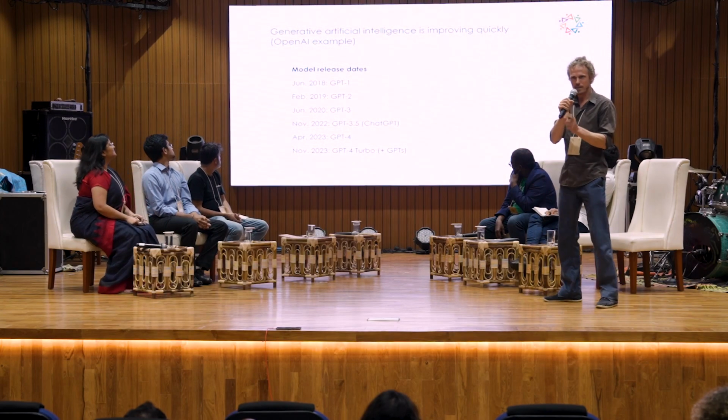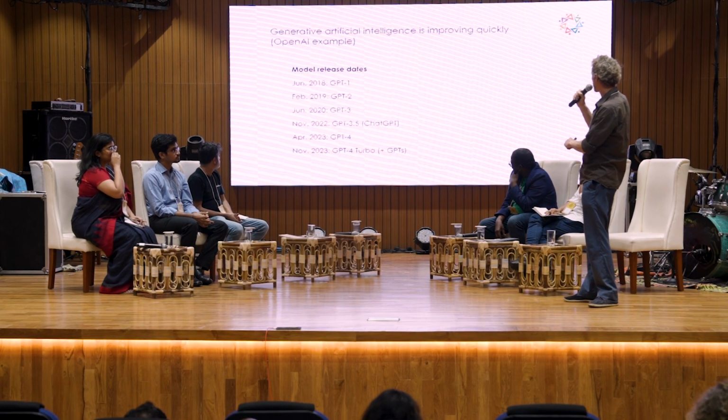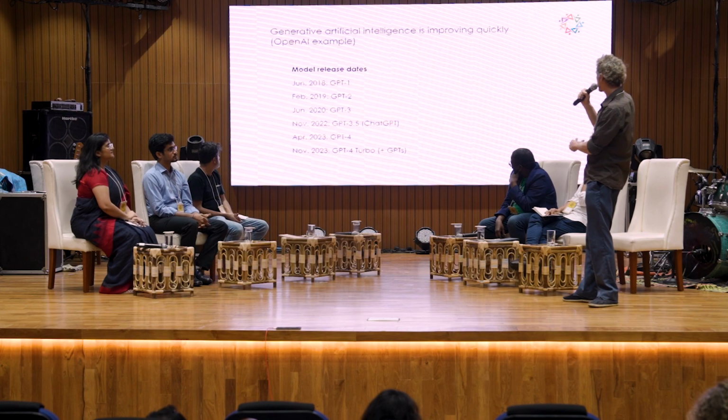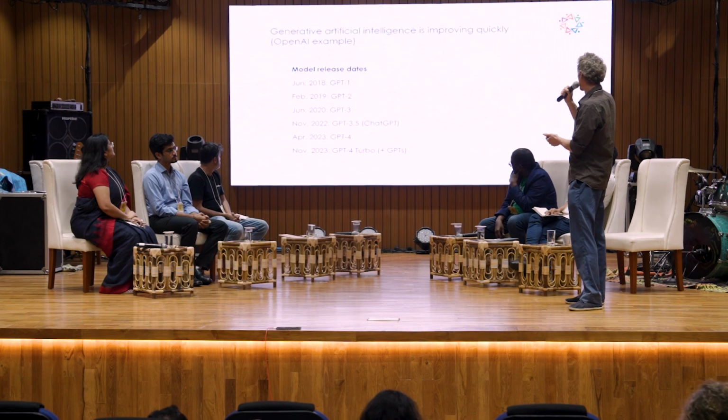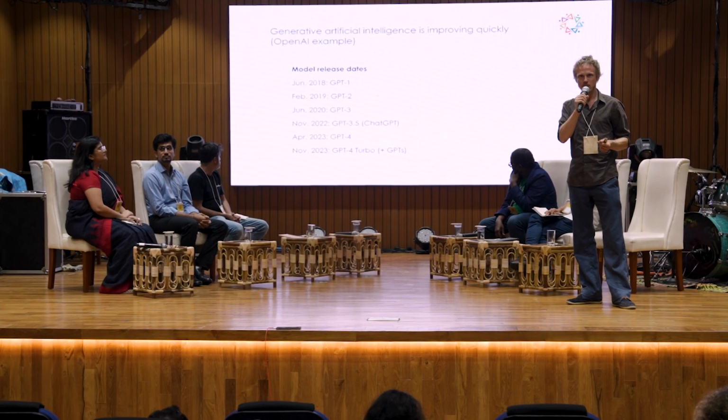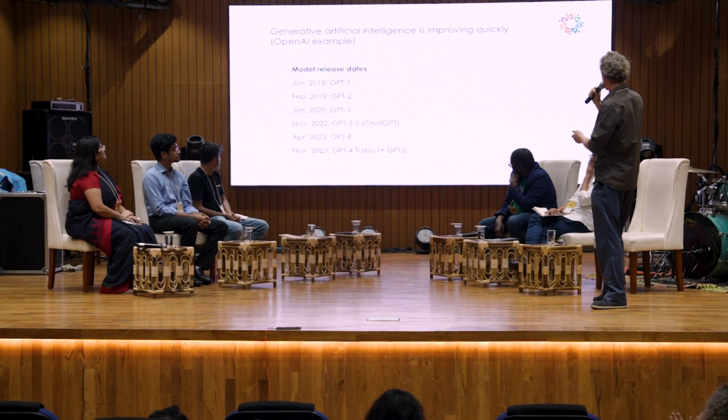Yeah, I just wanted to show once more how quick AI is evolving. So just using OpenAI as an example, when they were releasing their GPT models, you can see that right now they're almost at a pace where every year there's a new iteration. Next slide, please.